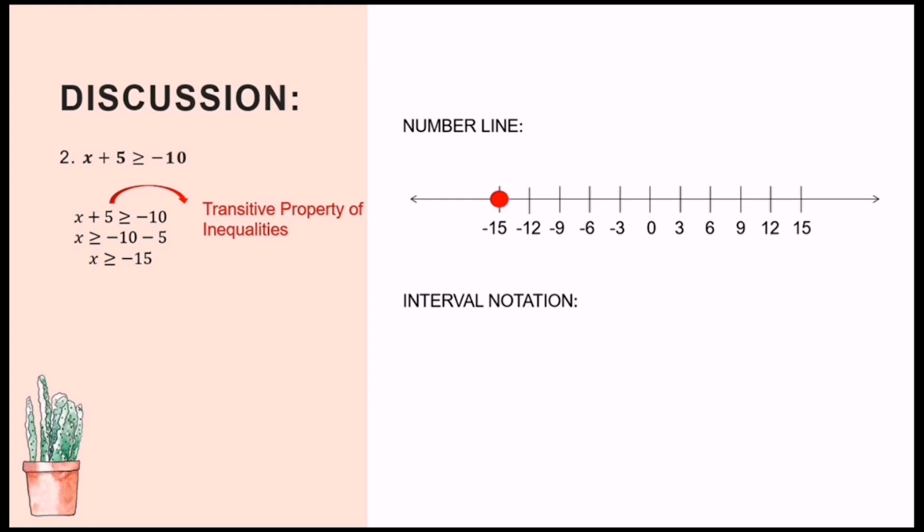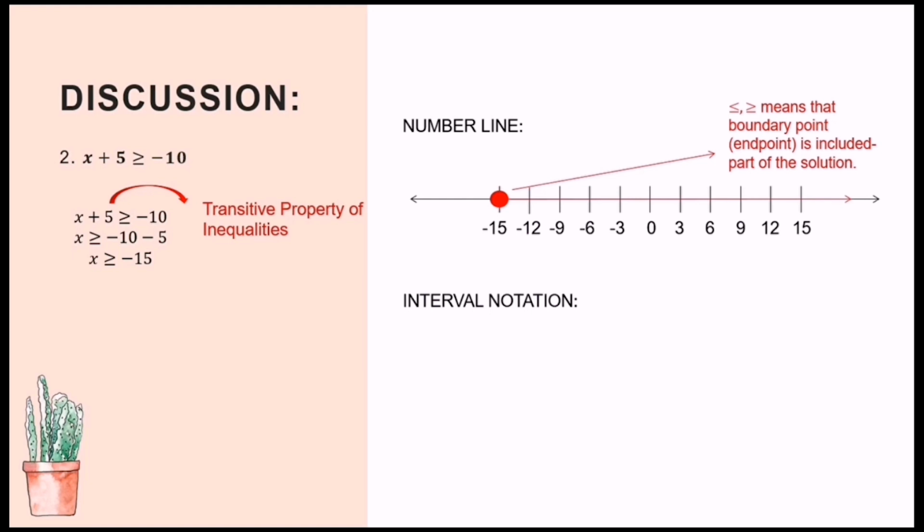It is a shaded circle because greater than or equal to or less than or equal to means that the boundary point or endpoint is included or part of the solution. And the arrow must go to the right side, toward the higher numbers than negative 15.